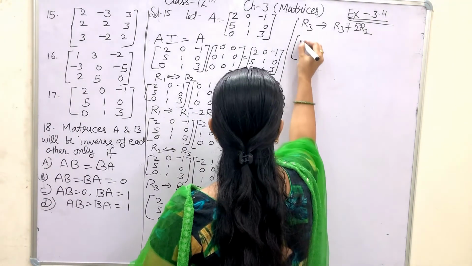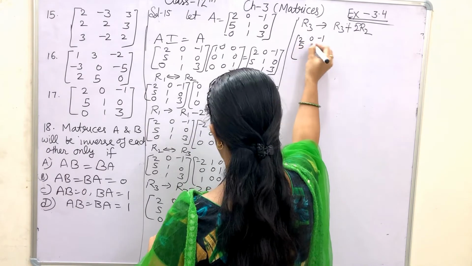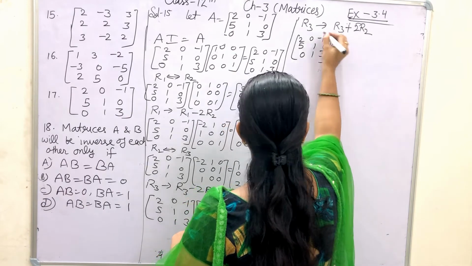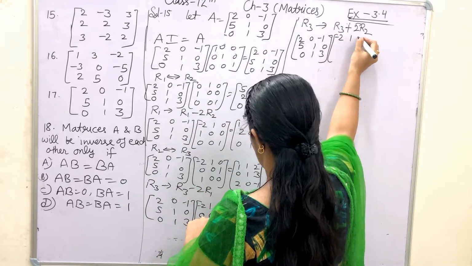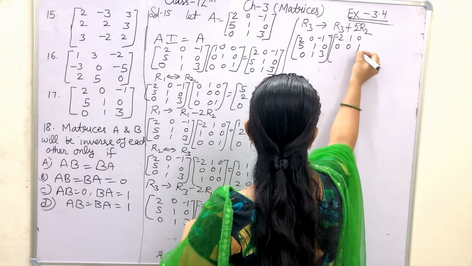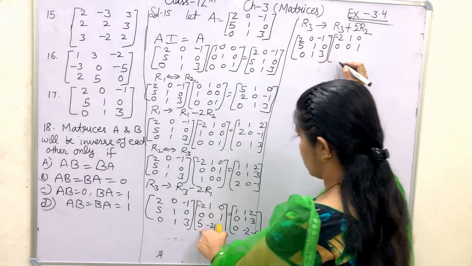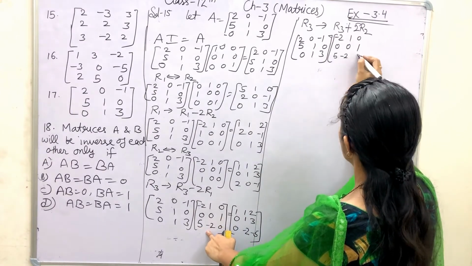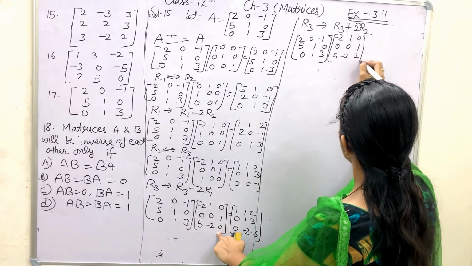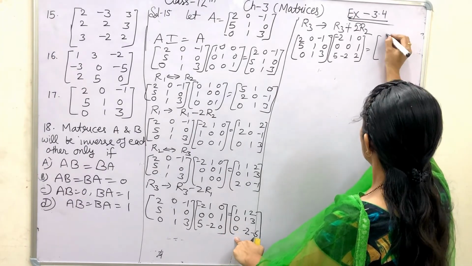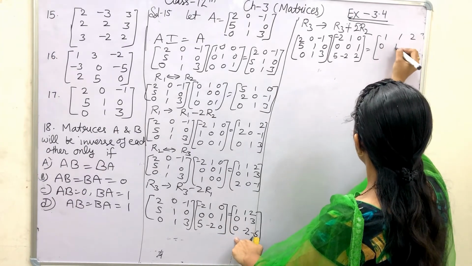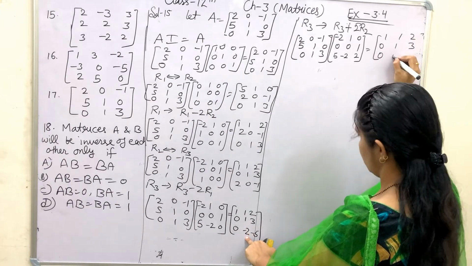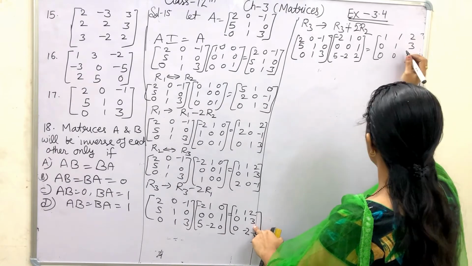So R1 and R2 we write as they are, and R3 plus 2R2: 5 minus 2 and plus 2. Here we can write 1 1 2, 0 1 3, 0 plus 2 minus 2, 0 minus 5 plus 6, that is 1.